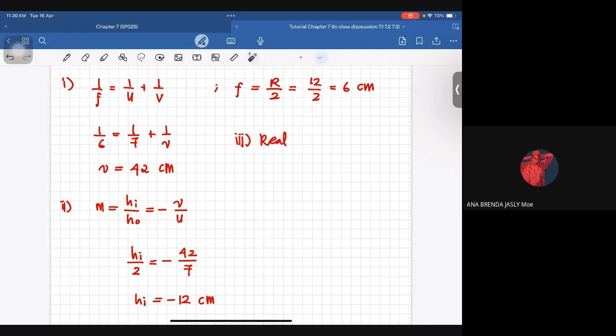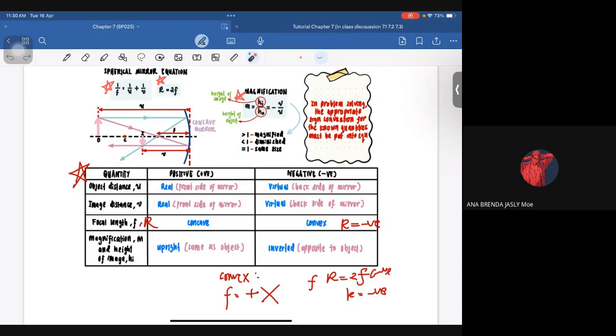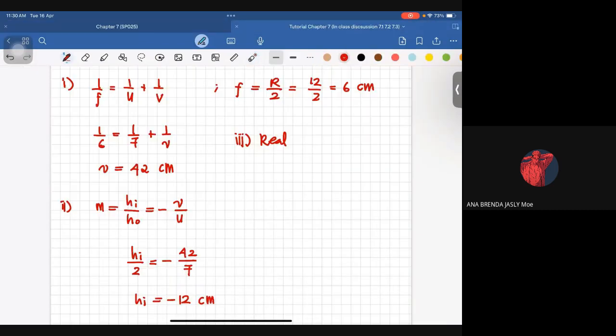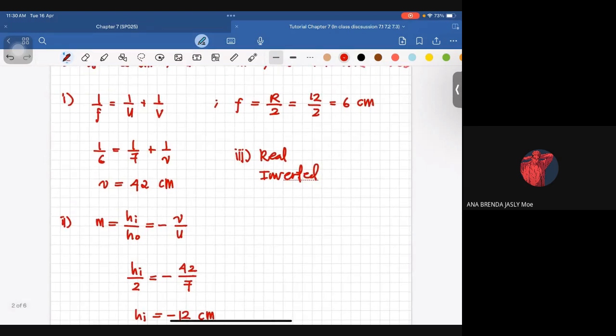Next one, we dapat the height of the image as negative. So what does this negative mean? Kalau negative height of image, meaning the image is an inverted image. So kita tulis the next characteristic is inverted. Alright. Okay kah? Ada soalan sakat ni?